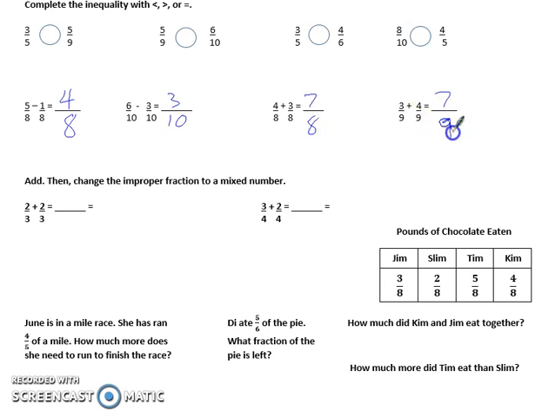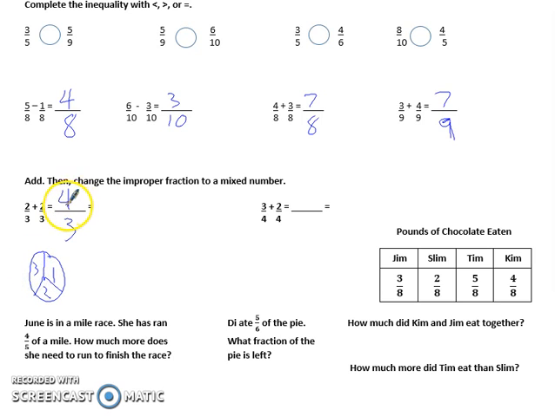And then we get a little tougher down here. Add, then change the improper fraction to a mixed number. So when I add first, that's going to be nice and easy, 4/3. Now I need a mixed number. Here's the easiest way that I tell the kids. I'm going to open up an empty pie pan here. I'm putting in 1, 2, 3/3.